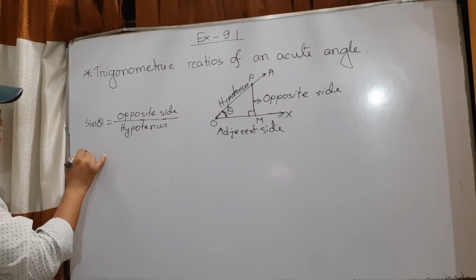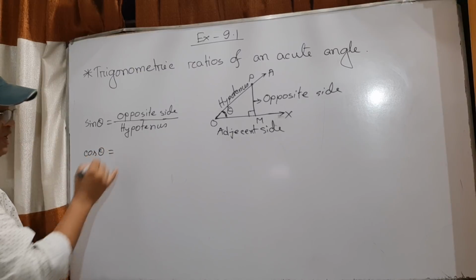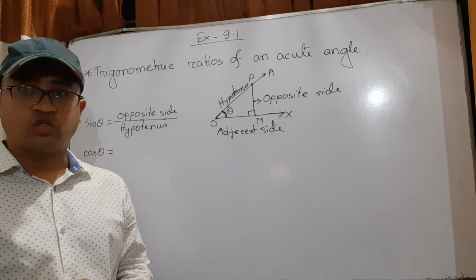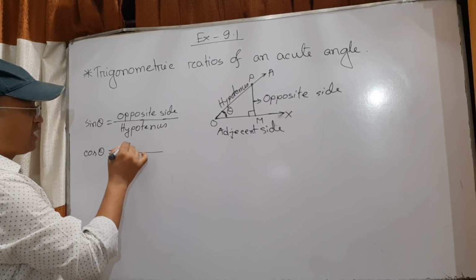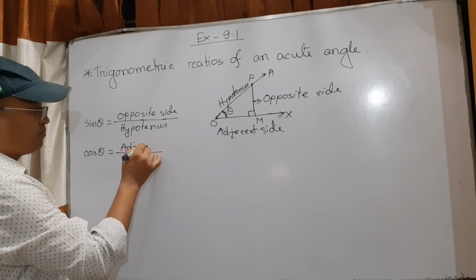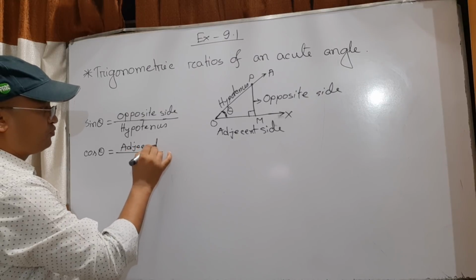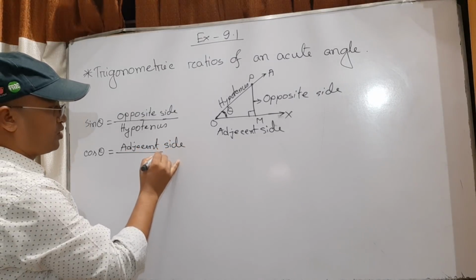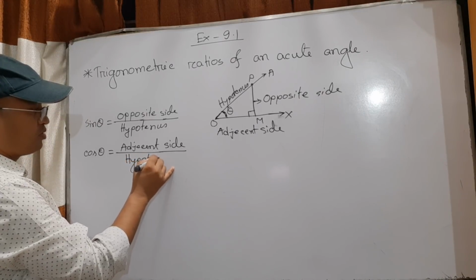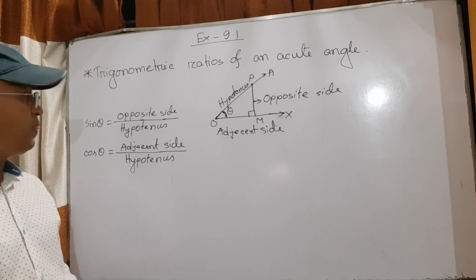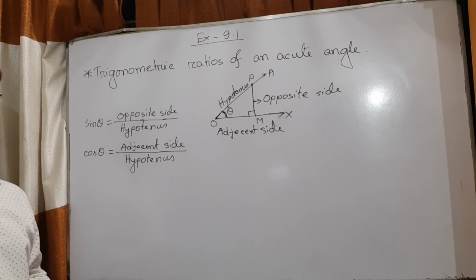Now cos theta, another trigonometric ratio, that is adjacent side divided by hypotenuse. So first one sin theta, second one cos theta.